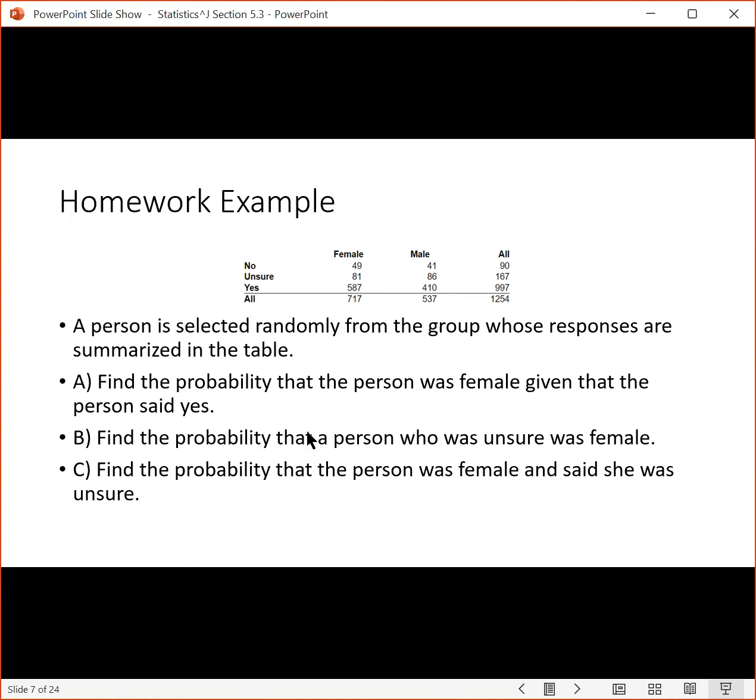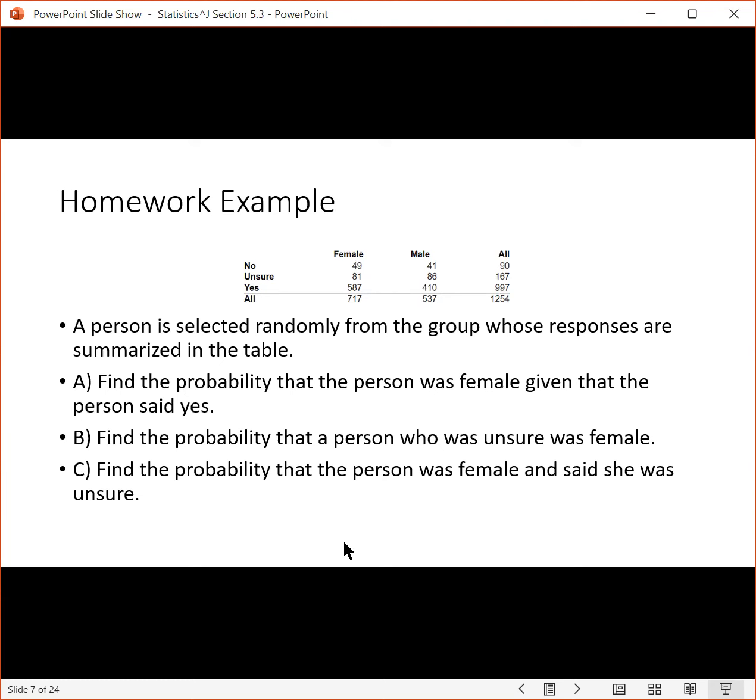Now this time, find the probability that the person who was unsure was female. This is that alternate phrasing where they don't use given that. So the person who is unsure is our condition, and we're finding the probability that they were female. So we take the unsure column here, and then we take the female, which is 81, and put it over the total, which is 167.